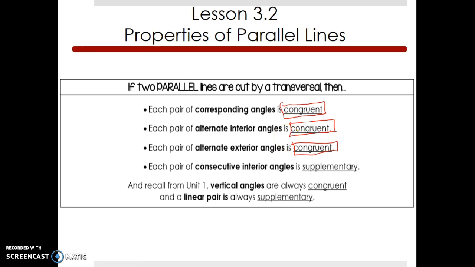And consecutive interior angles are supplementary. Again, consecutive is the same thing as saying same side interior. And recall from the first chapter that vertical angles are congruent and linear pairs are supplementary. So you need to have these relationships memorized for being able to find angles later on.